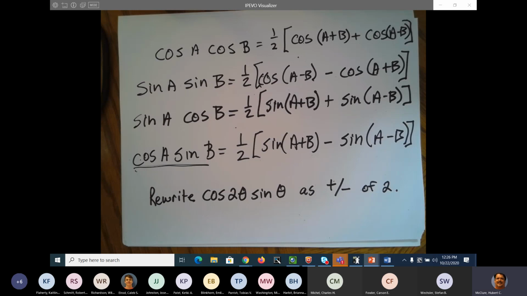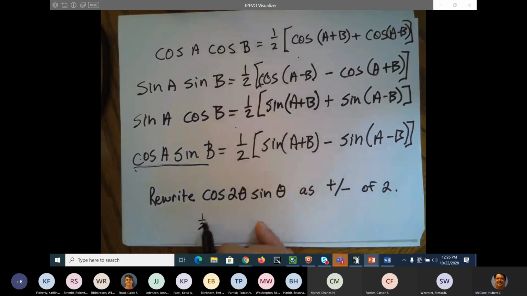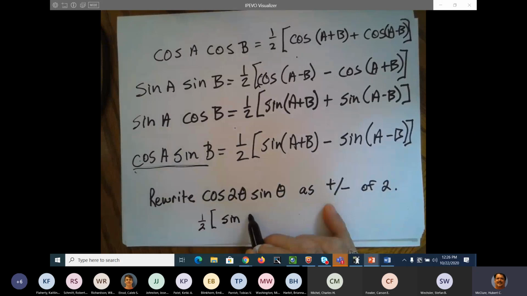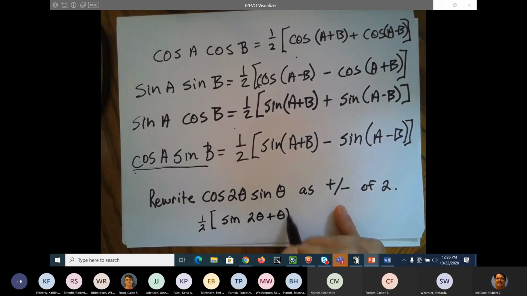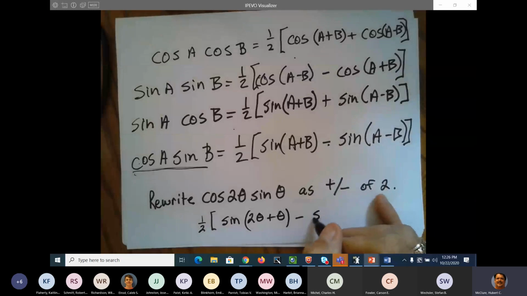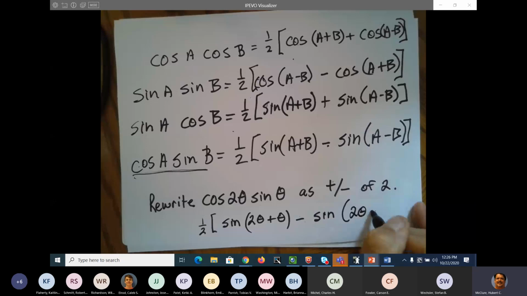Okay, so here we go right here. 1/2 brackets sine of 2 theta plus theta minus sine of 2 theta minus theta.